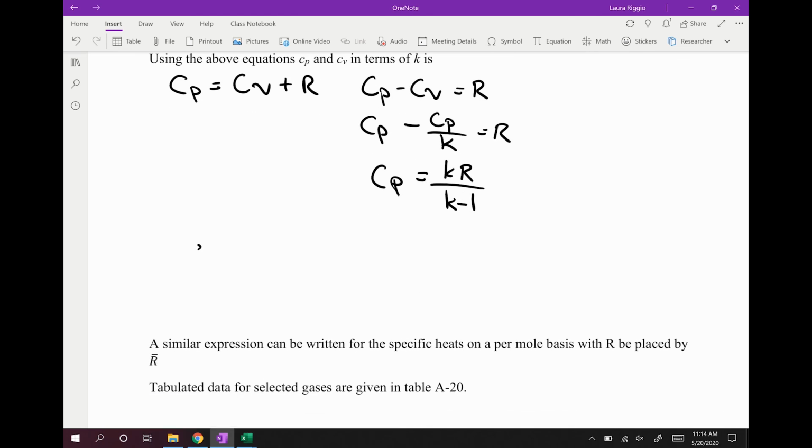A similar relationship can be done for Cv. So Cv is equal to R divided by k minus 1. You can get similar expressions on a per mole basis by replacing R with R bar.